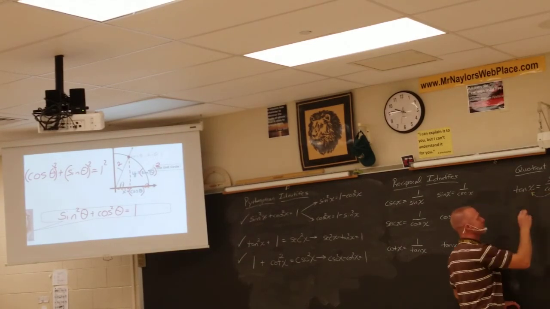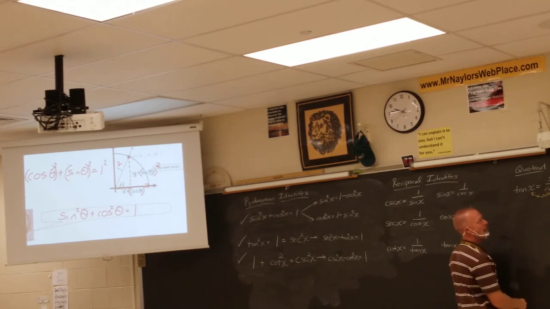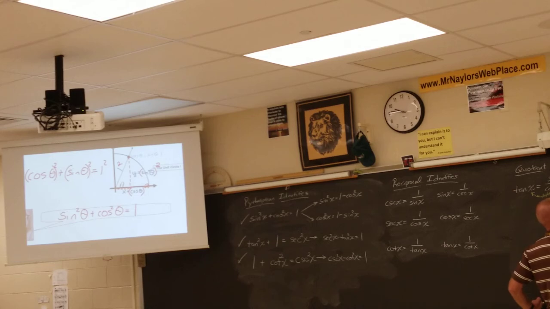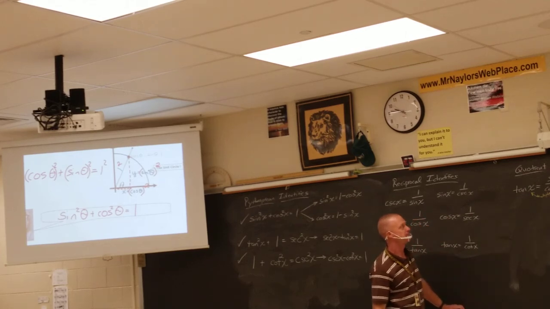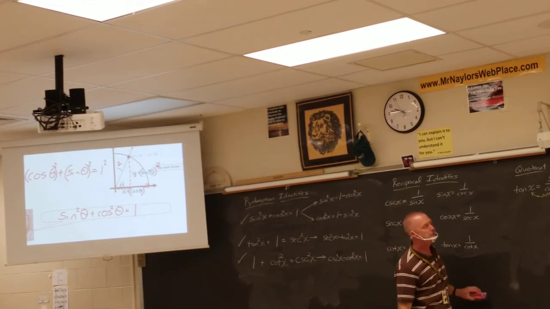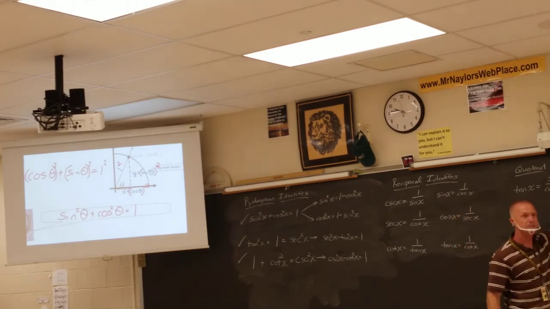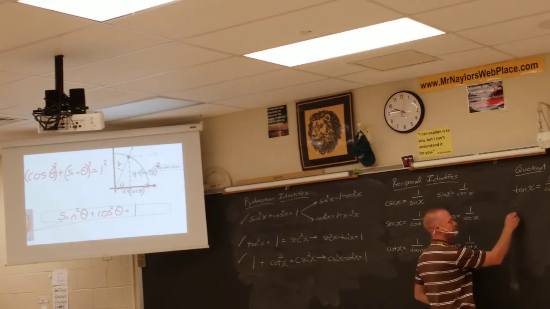Now, if I multiply cosine to the other side, which would be some basic algebra, I would get another statement that is just a variation of this, and that is that sine is equal to tangent times cosine. Even though that's not a division problem, it's a multiplication problem, it's still a quotient identity because it came from this.